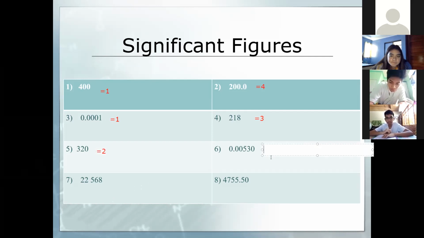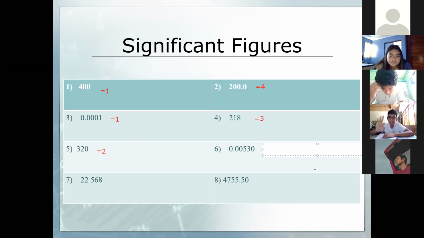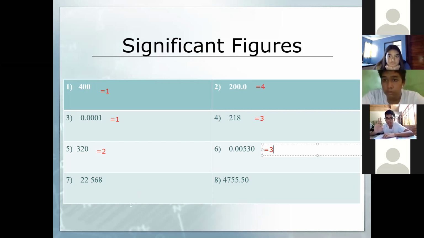Number 6. May I ask Sean, how many significant digits are there in number 6? 3, correct. It contains 3 significant digits. Sorry, Sean. How about number 7?